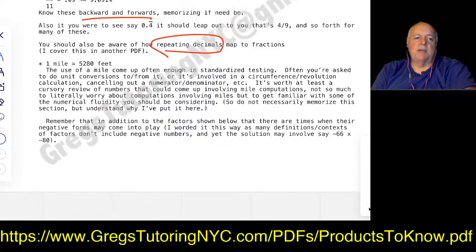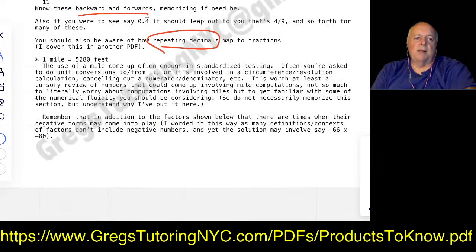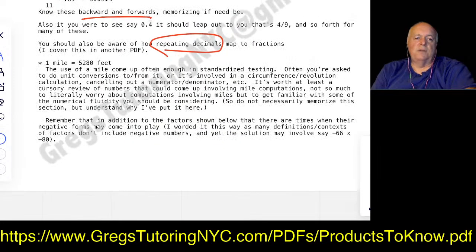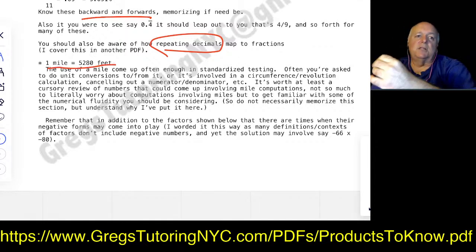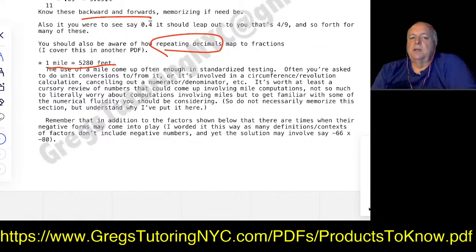I do have an example in this PDF relating to a mile being 5,280 feet. The reason I give that is not particularly dealing with this product to know thing, because even though this is supposed to be a unit conversion that you were supposed to memorize from grade 3 or something like that, most examples, homeworks, tests, and standardized exams will often give this to you in a reference sheet, or even in the question.